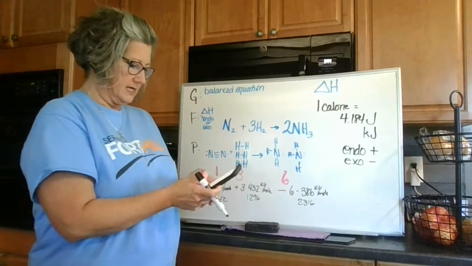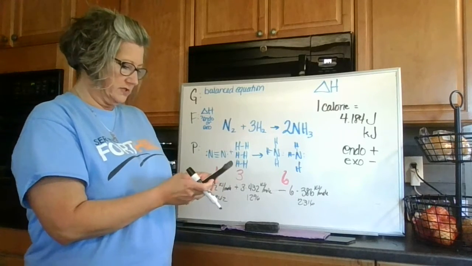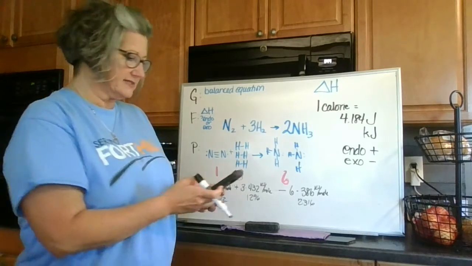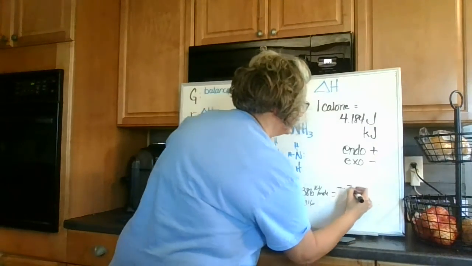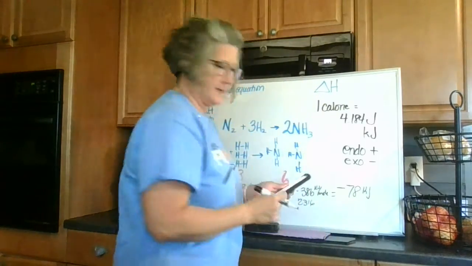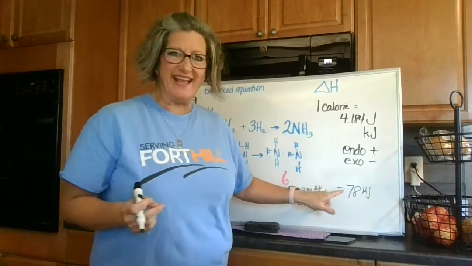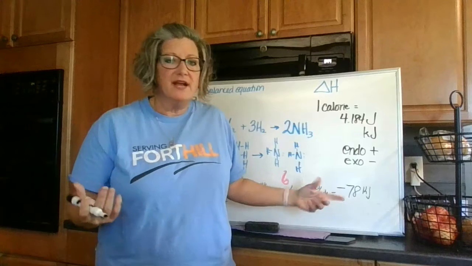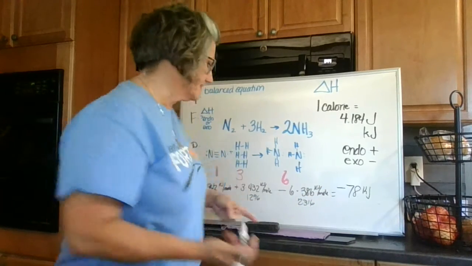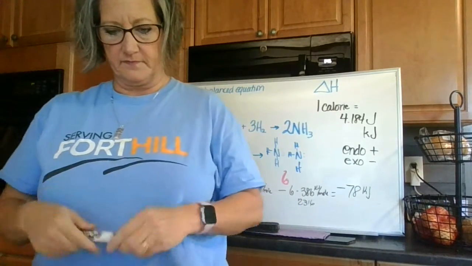So 942 plus 1296 minus 2316 equals negative 78 kilojoules. And this is negative, so we're looking to see, is it endothermic or exothermic? Exothermic. So negative 78 kilojoules is exothermic.